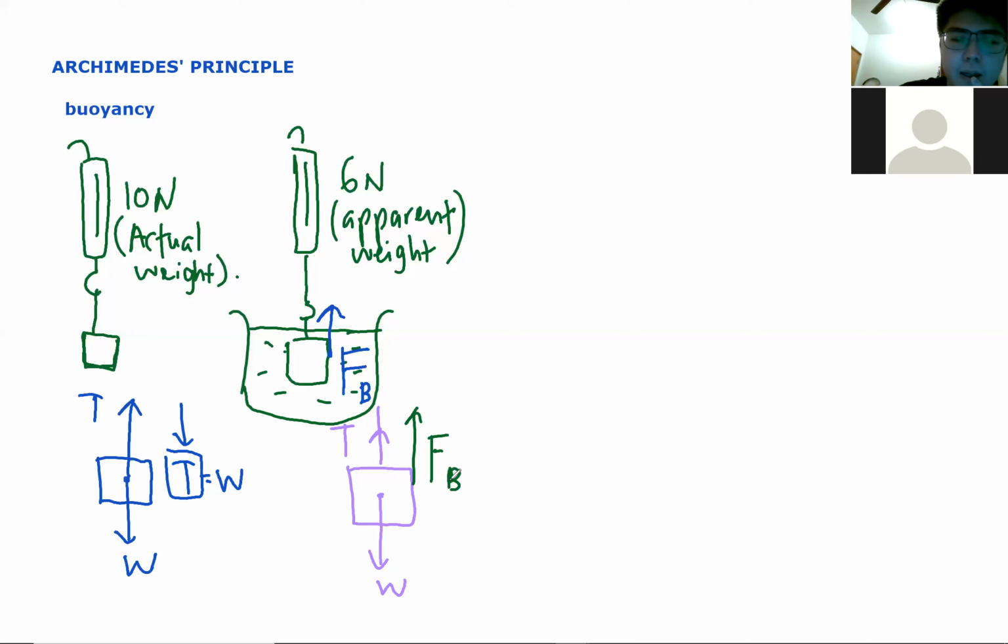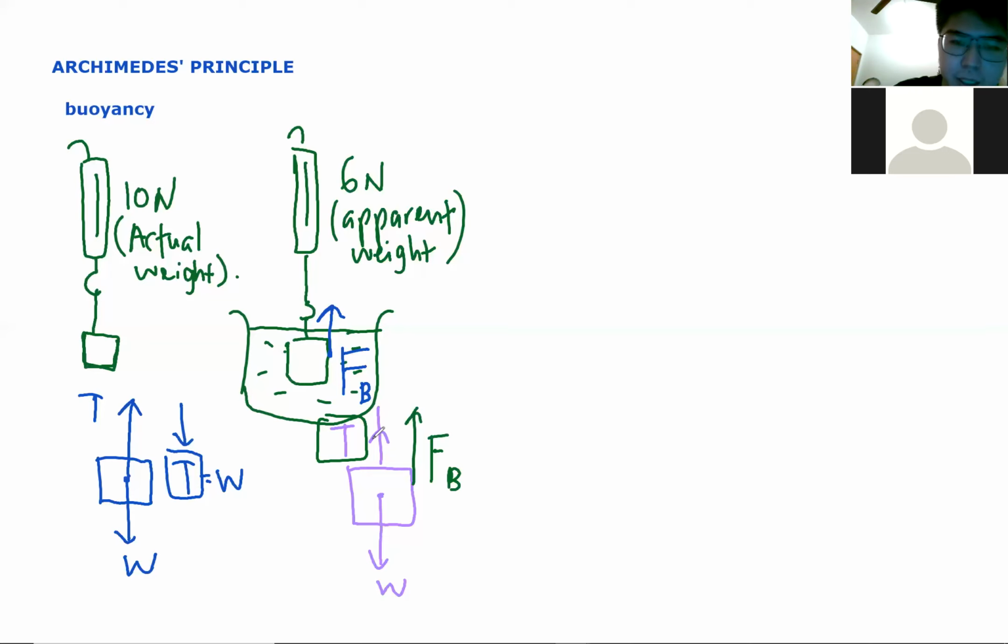You'll notice that the buoyant force shares the weight with the tension, so that makes the tension become lesser. Since the tension is the reading that you see on the spring balance, that explains why the reading on the spring balance is reduced, simply because the weight is aided by the buoyant force.